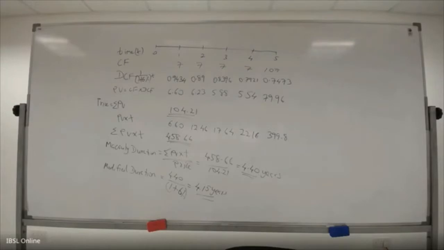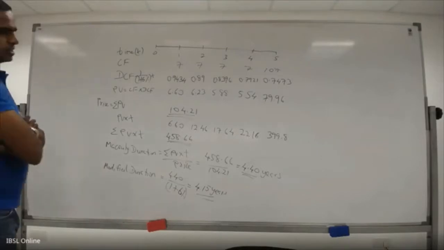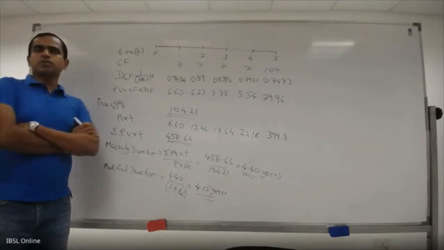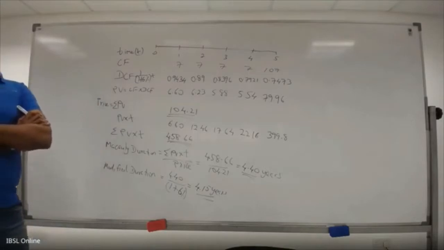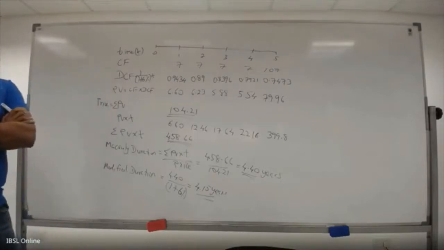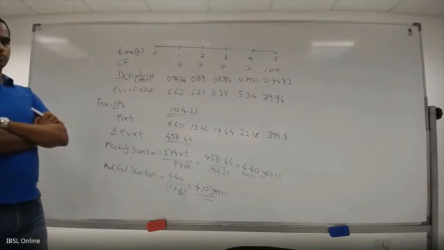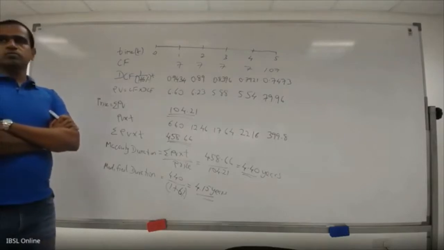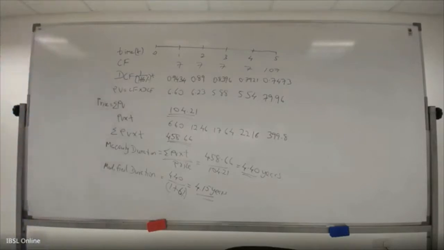Okay. So understand the question properly. What is the maturity of a zero coupon bond which will have the same interest rate sensitivity? What would be your answer? Did you understand the question?